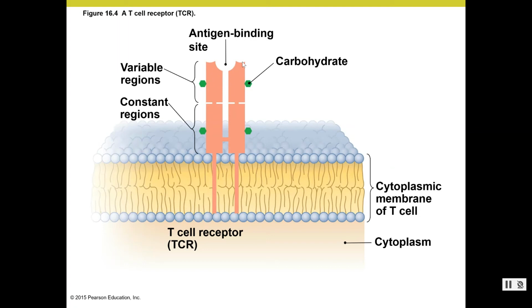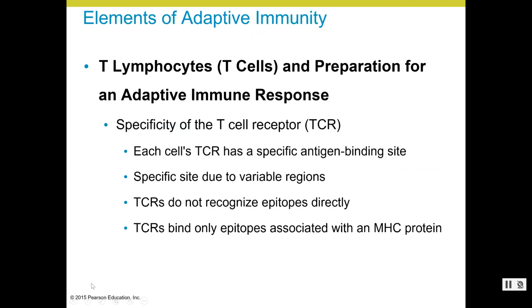So this is how we can create these unique T cell receptors so that we can be ready for any potential pathogen. Okay, so ask me some questions about that in Zoom. The specific site is due to those variable regions, that picking and choosing from DNA that gets transcribed into different mRNAs that create that unique, unique as a snowflake, you never have to repeat an outfit, T cell receptor.